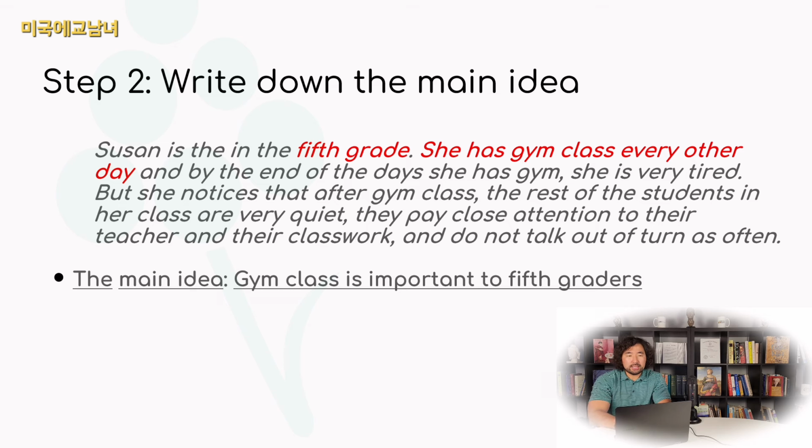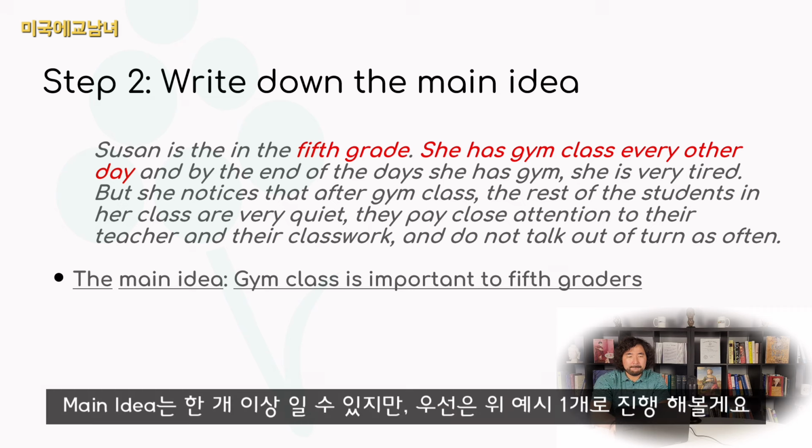So we assume that to Susan, gym class should be important, not just Susan but other 5th graders as well. Again, other main ideas could be made, but this is the one we suggest.